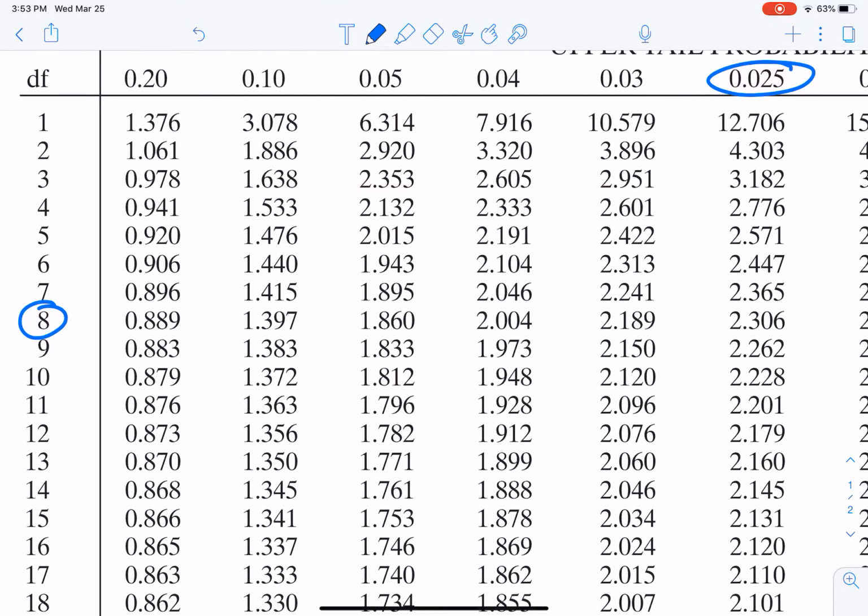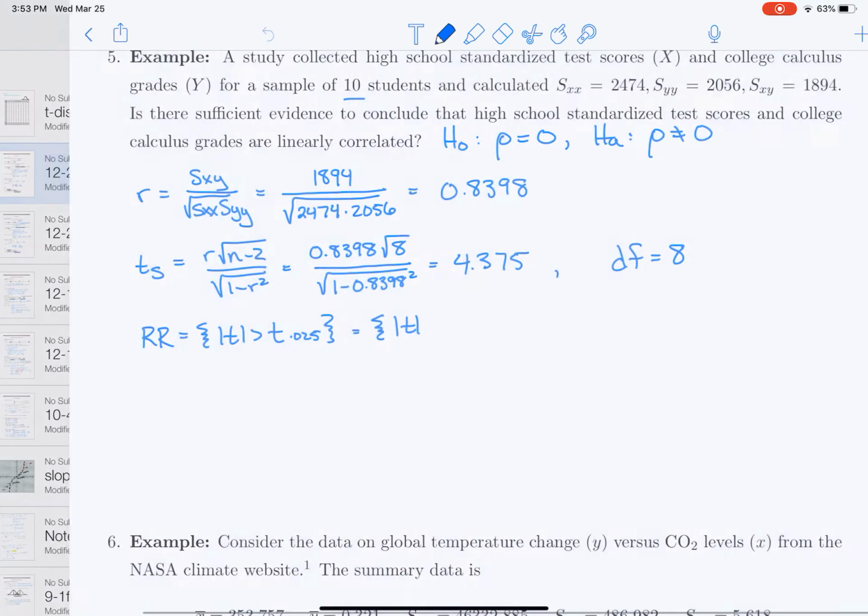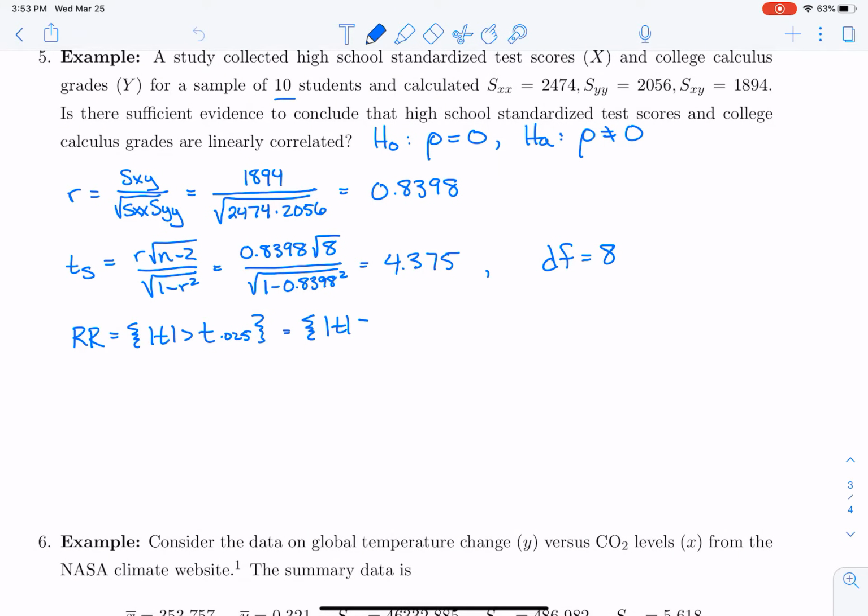For the column of 0.025, I get 2.306. So t has to be bigger than 2.306. So that means we can reject the null hypothesis. Okay, so x and y are linearly correlated.